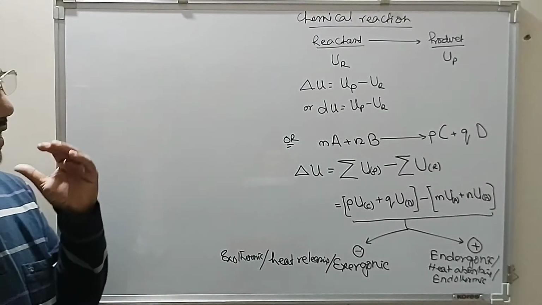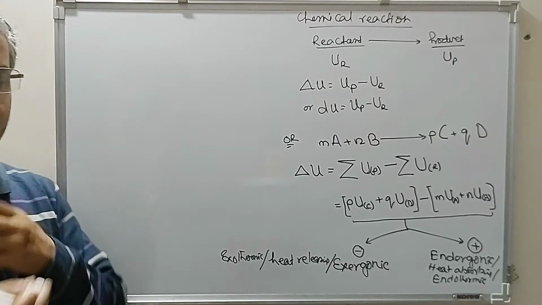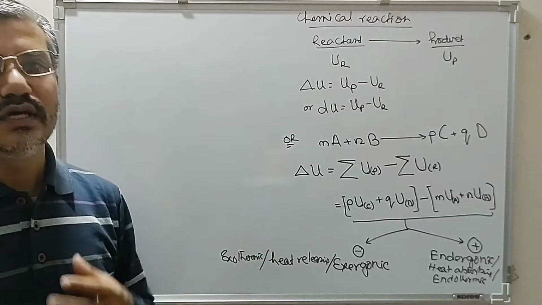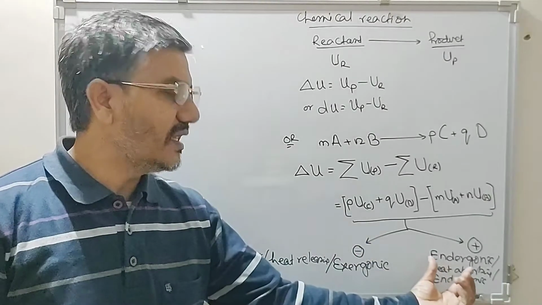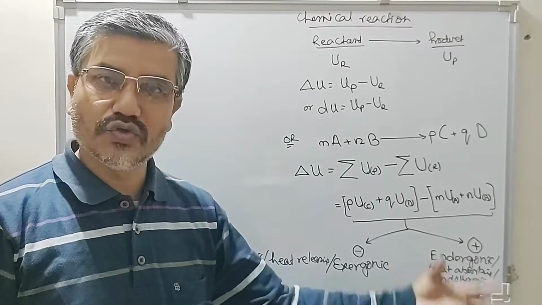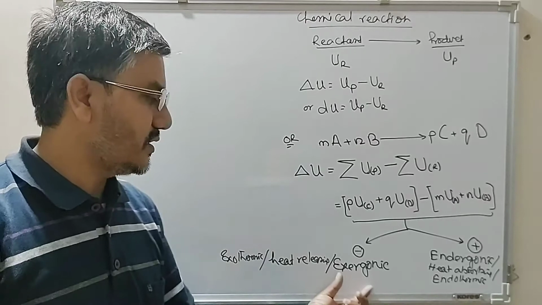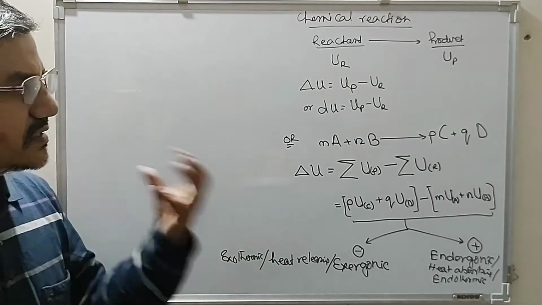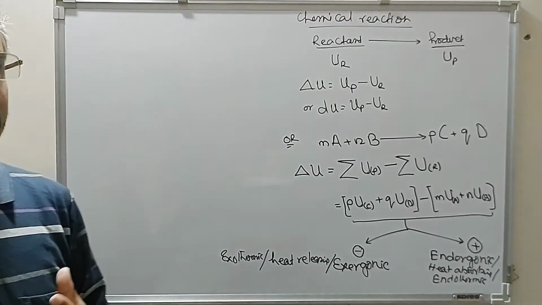So this is how we define the internal energy, and from the change in internal energy we can classify whether the reaction is a heat absorbing process or a heat releasing process. Heat absorbing process is known as endergonic or endothermic. Heat releasing process is known as exergonic or exothermic process. So this is how we calculate change in internal energy.